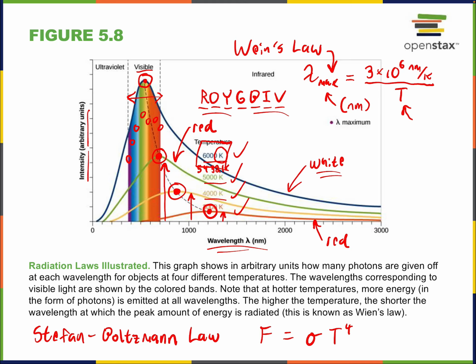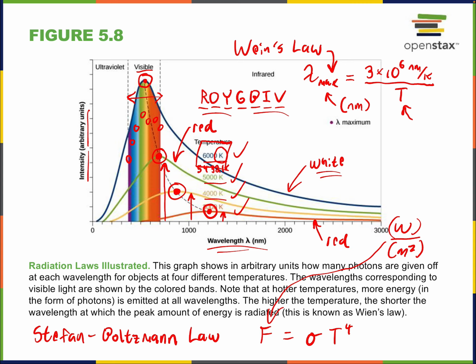Since it's the fourth power, the flux goes up very quickly. The flux here refers to an energy per time per area, or just watts per square meter. So flux has the same units as the variable I that I gave you before. It's just power per area.